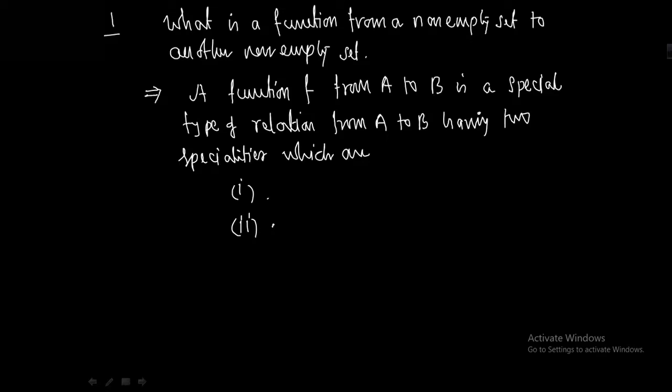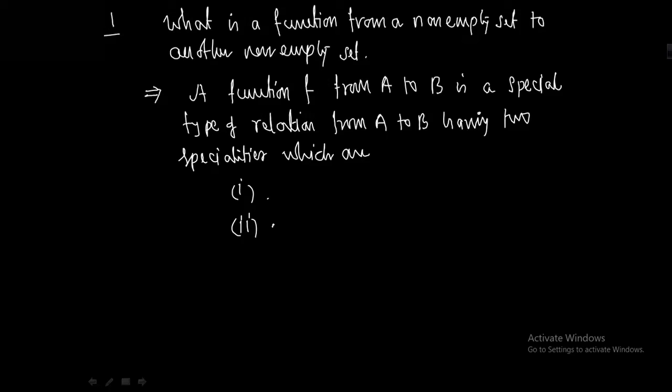So if you consider a function as a relation, that means a function is also a subset of A cross B, because we know any relation R from A to B is a subset of A cross B. A function, being a special type of relation, is also a subset of A cross B. But this subset has some specialities.